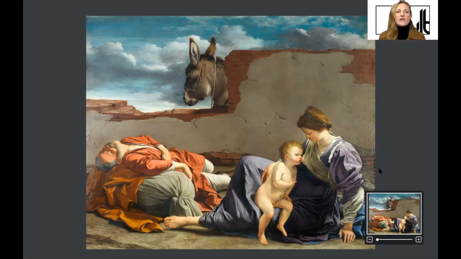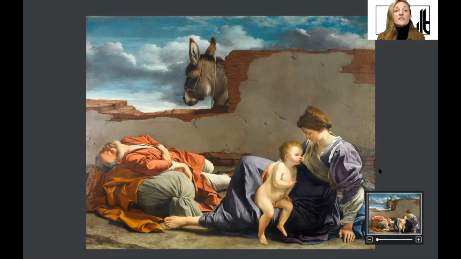It's much smaller than this picture. I should have said this painting's 175 centimeters by 218 centimeters, so it's pretty enormous. A huge piece of canvas, this, and not a huge amount going on it, so all the more dramatic for that.